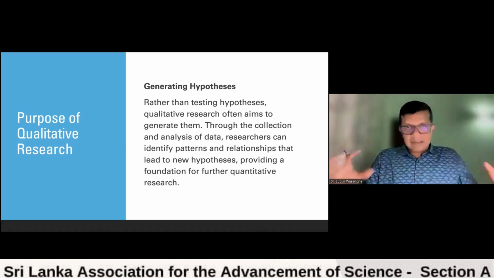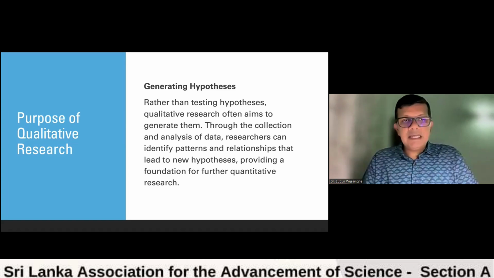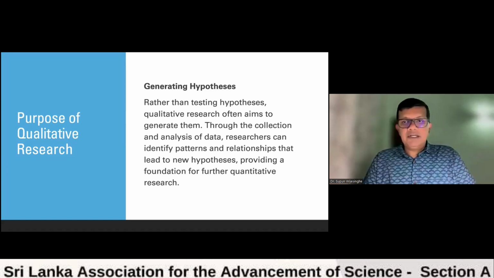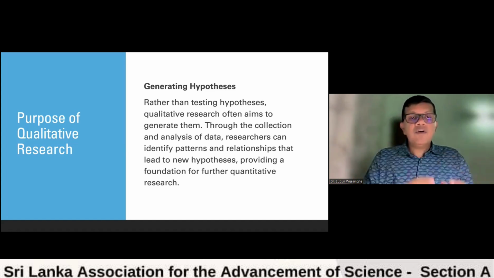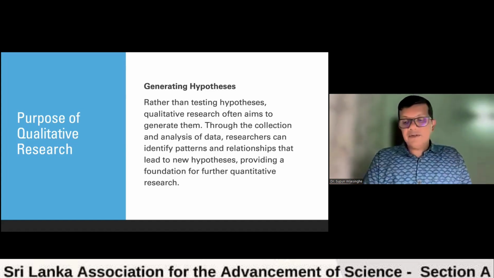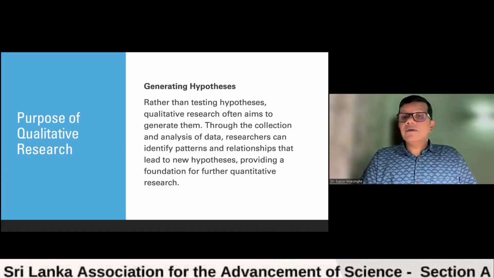So collection of data and trying to develop a hypothesis is an area that we usually focus on in qualitative research. So it's quite important for most of our research that if you are generating a new hypothesis, you follow the aspects of qualitative research and get the data as much as possible prior to going into quantitative research.